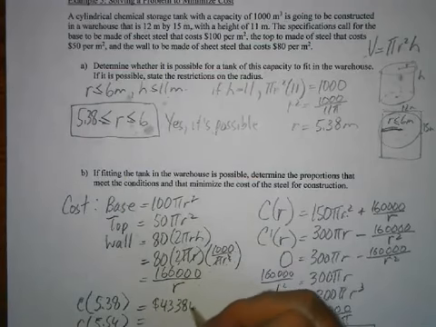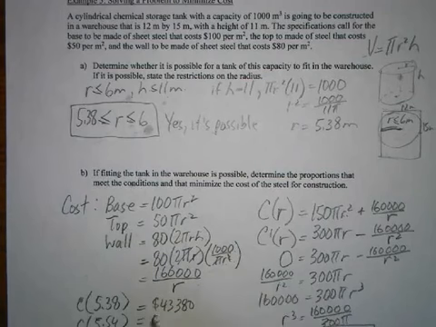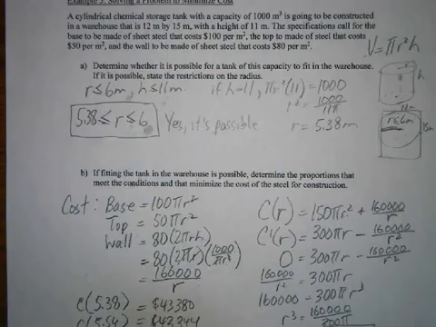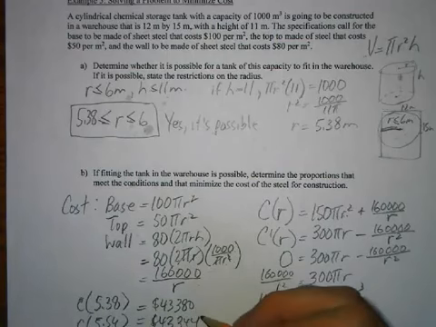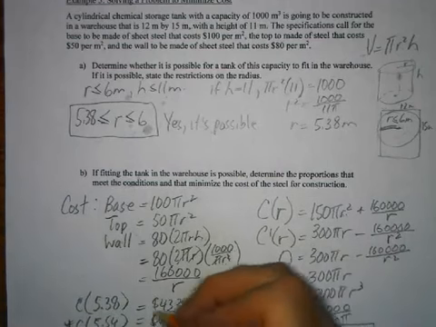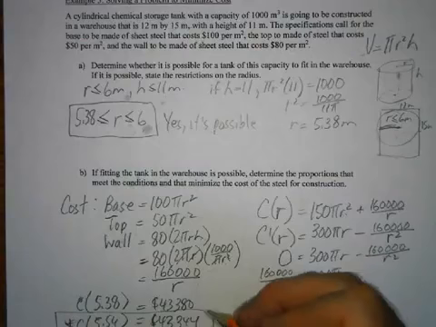This one is 43,344, and this one is 43,631. You can see it's pretty close, but this one, which was our critical value, is our minimum cost.